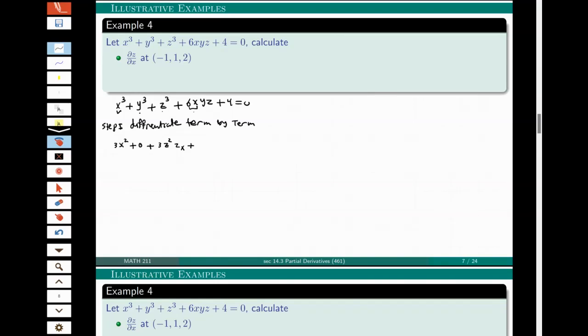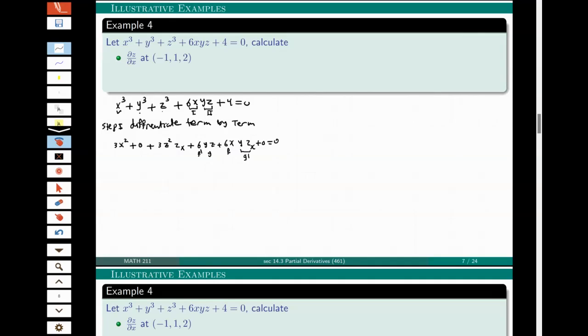So the derivative of the first is 6yz, that's the derivative of the first times the second, plus the first, which is 6x, times the derivative of the second: y is constant, the derivative of z is z sub x, plus 0 equal to 0. That's the derivative of the first times the second plus the first times the derivative of the second.